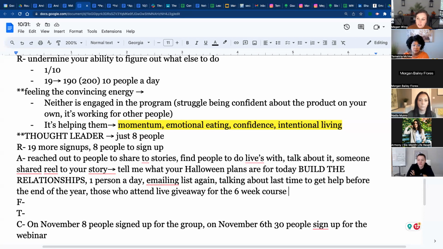Really want this for them. I want someone to do this six-week course, and I want you to feel better throughout the whole holidays. So that's why I'm doing a giveaway for one person to be a member of this next group. You can totally do that if you want. Okay. The neediness is a feeling and a thought that are optional. Right. Okay. How does that feel?